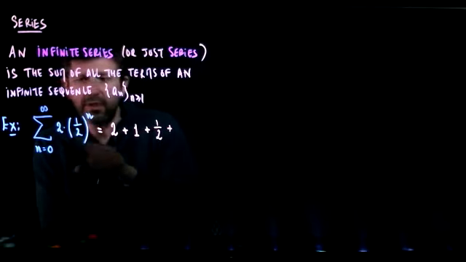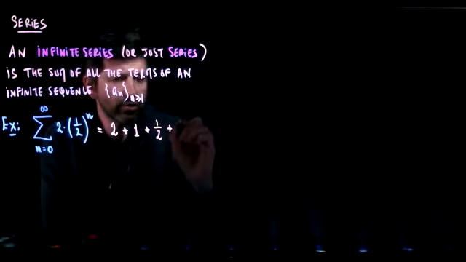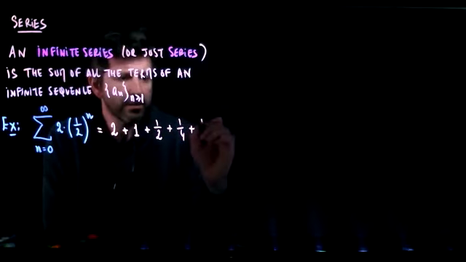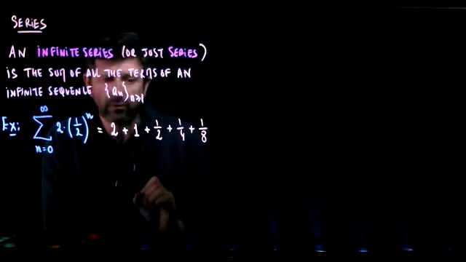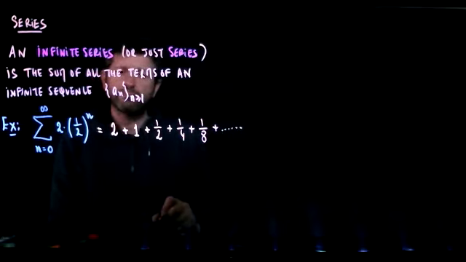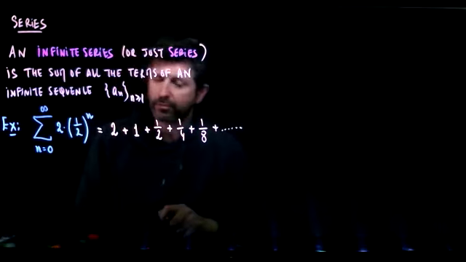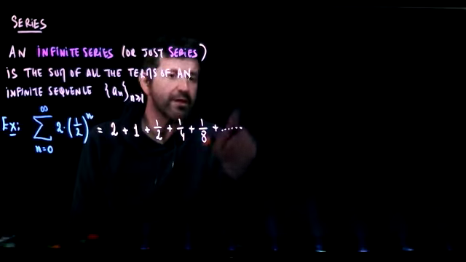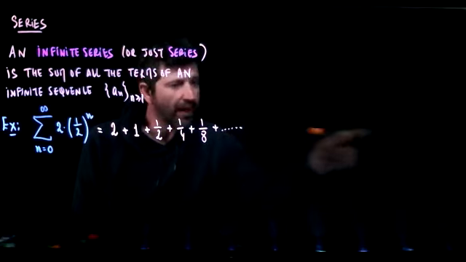Plus, when n is 3, 2 times 1/8 is a quarter. Plus, when n is 4 it's 1/8, and it keeps going. You keep adding like this forever. So 2 plus 1 plus 1/2 plus a quarter plus 1/8 plus 1/16, 1/32, 1/64, and you keep adding.